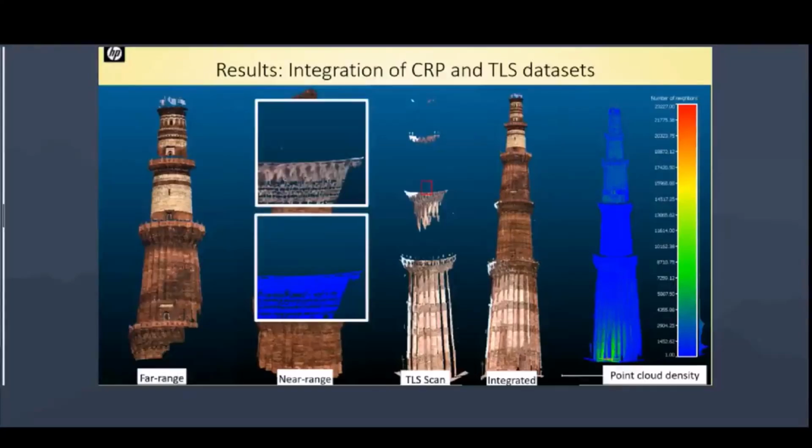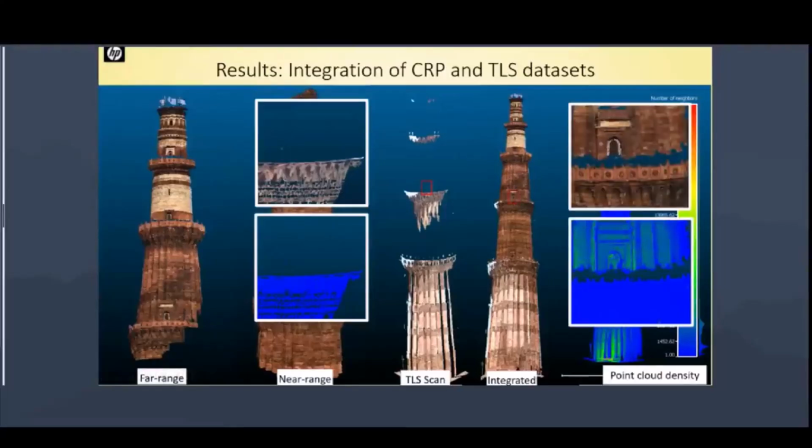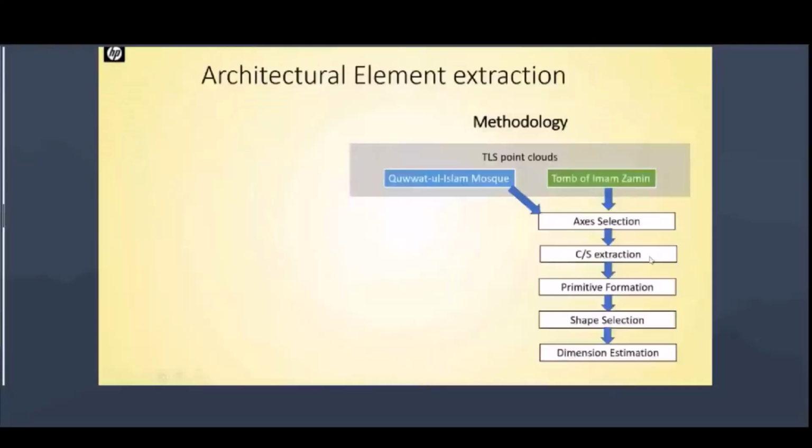If you see here, look at the gaps that are there. Right now, after integration, all the gaps have been filled up, and we see a detailed structure. Similarly, we have done it for other sites as well.